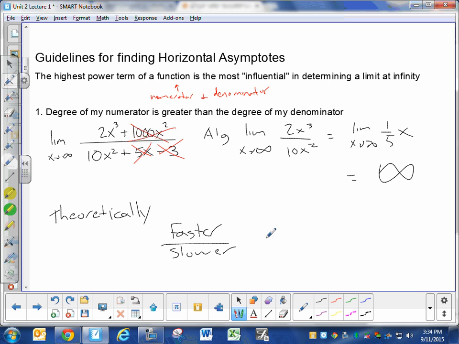So we would say this is approaching infinity. So the guideline is if the degree of your numerator is greater than the degree of your denominator, you're going to trend towards positive or negative infinity. There's guideline number 1.